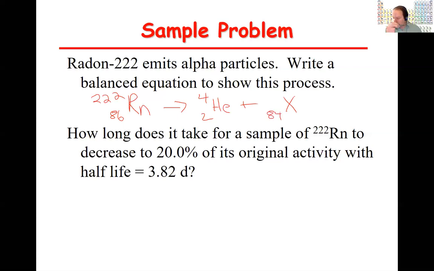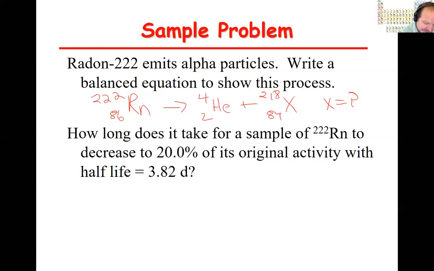Now we can figure out which element is 84. You just back up, and I believe that's going to be lead. The mass up here will be 4 less, so 222 minus 4 is 218. Good practice on that. Element 84. Oh, polonium. See, I can't read.